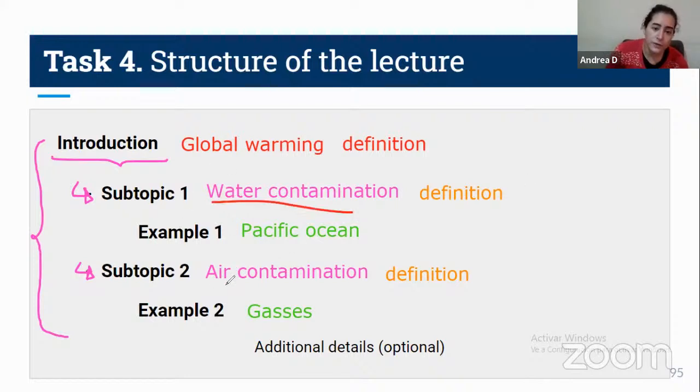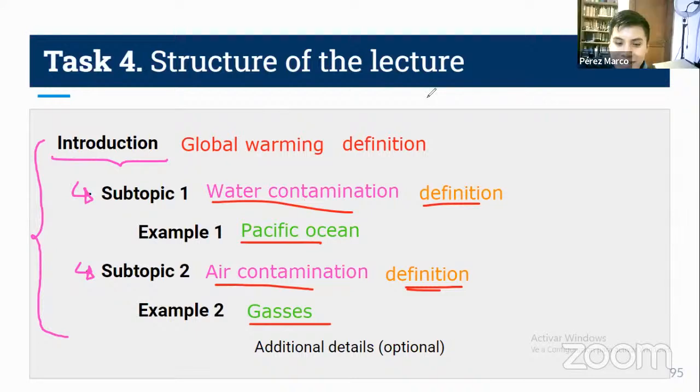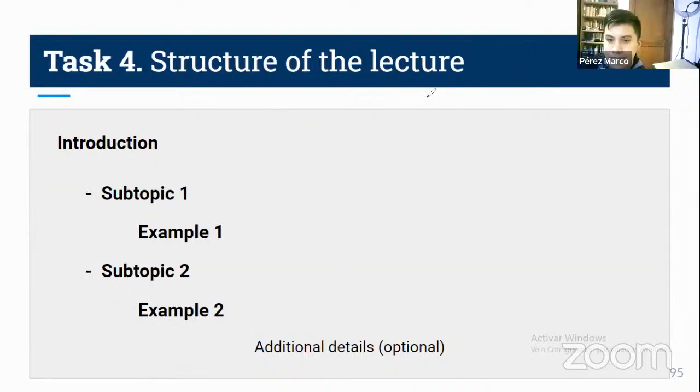So the first, the second subtopic, their definition, some keywords, and the examples. So if you have anything for the intro, don't worry too much. If you have any other additional details, you don't have to take that many notes. So just try to understand what the 2 subtopics and the 2 examples are mainly. Okay? Yeah, thanks.